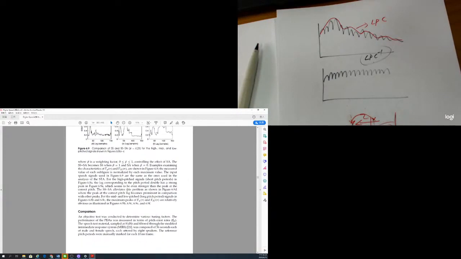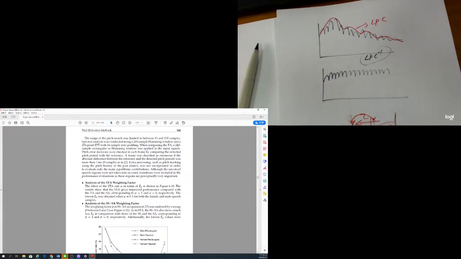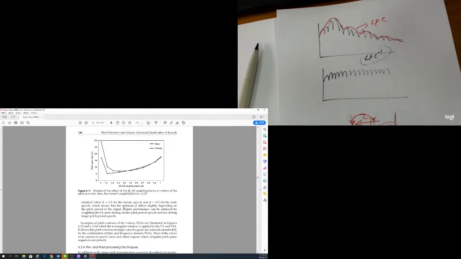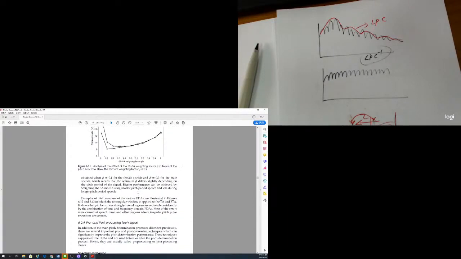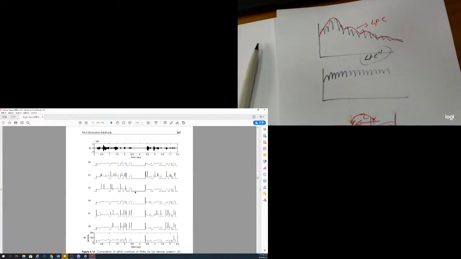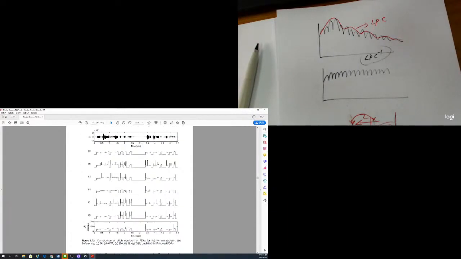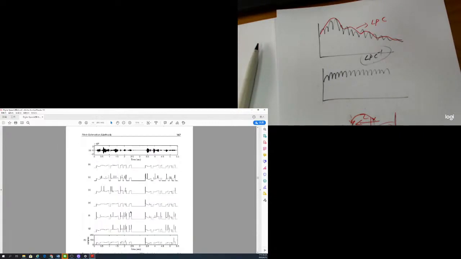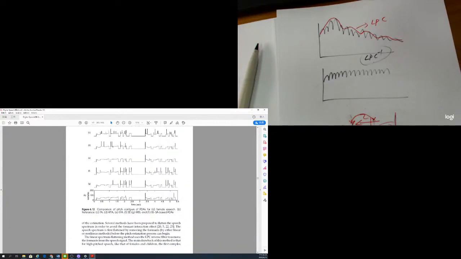So the term is spectrum synthesis, spectral autocorrelation. And here they're talking about TA and W. They put a W here. W should be weighted also.